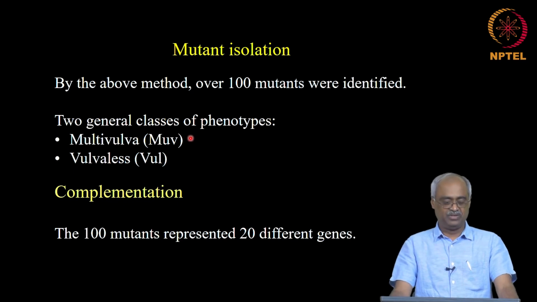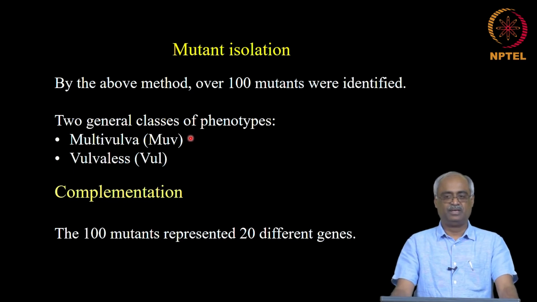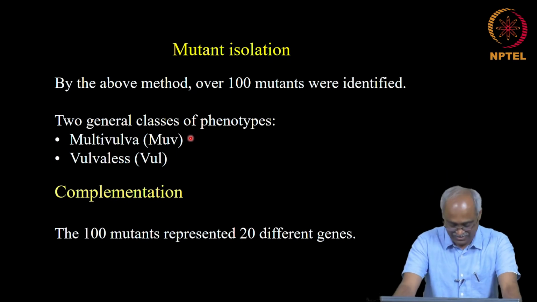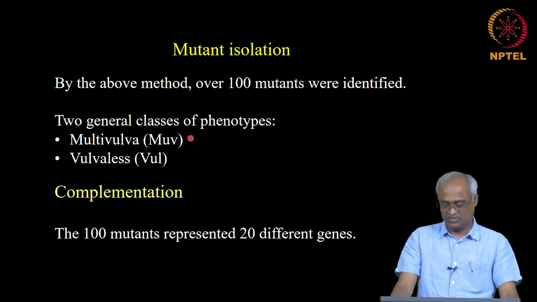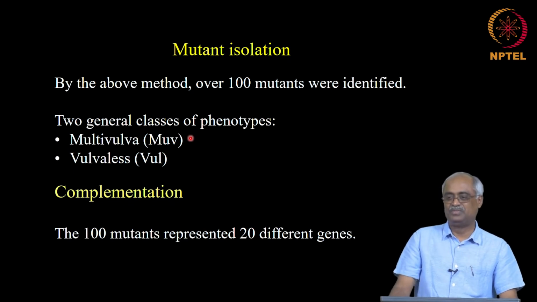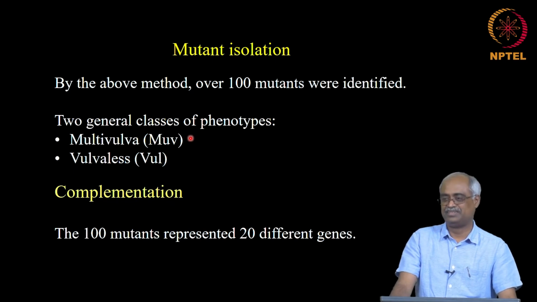That is where you do complementation. Have you heard of complementation earlier? You do complementation whenever you clone in a pUC18 derived vector like Bluescript, blue colony or white colony, that is alpha complementation.